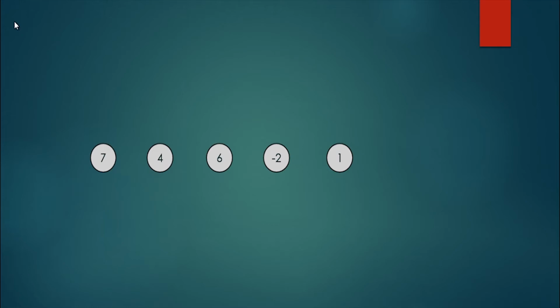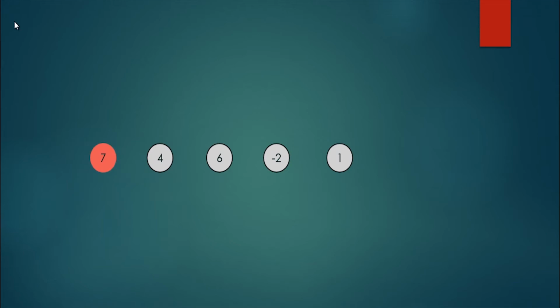We have an array of integers 7, 4, 6, -2 and 1, and we want to sort this array. We start at the leftmost element, and we keep comparing it with the previous elements.